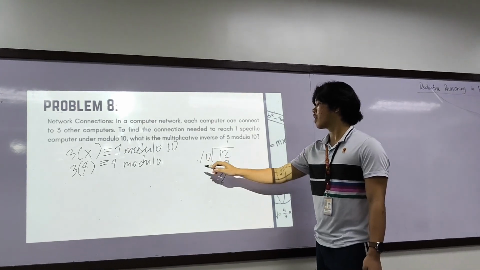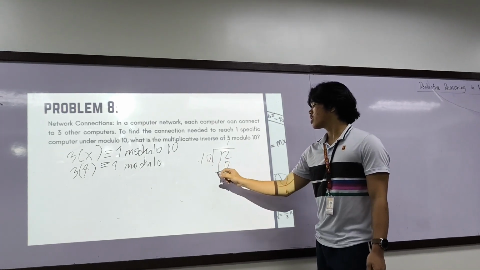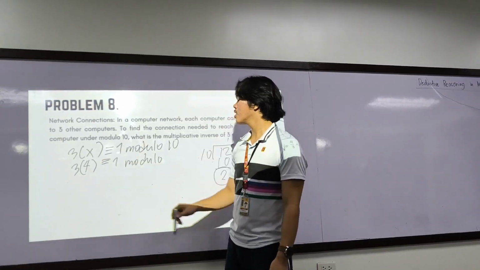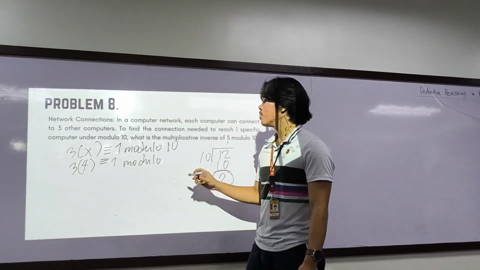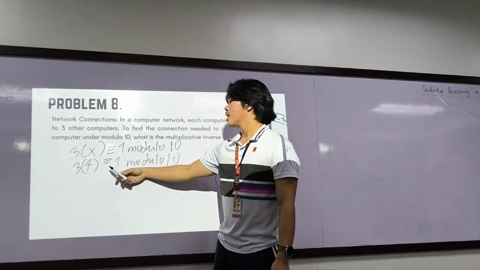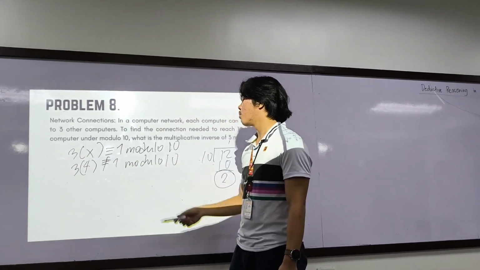And 2 is not 1, because the remainder should be 1. So 3 times 4 is not congruent to 1 modulo 10.